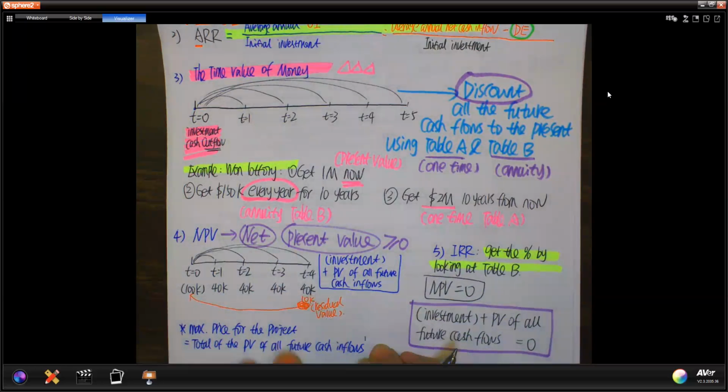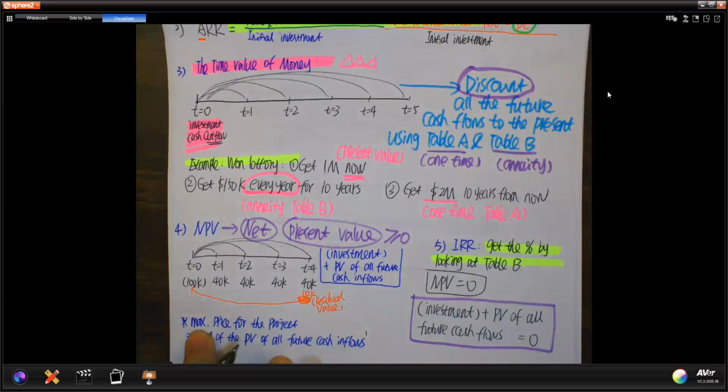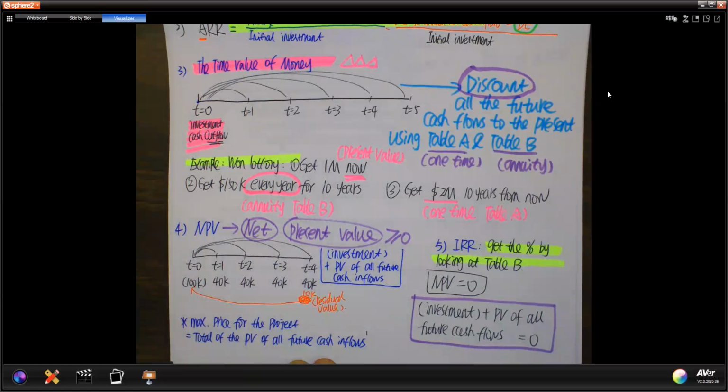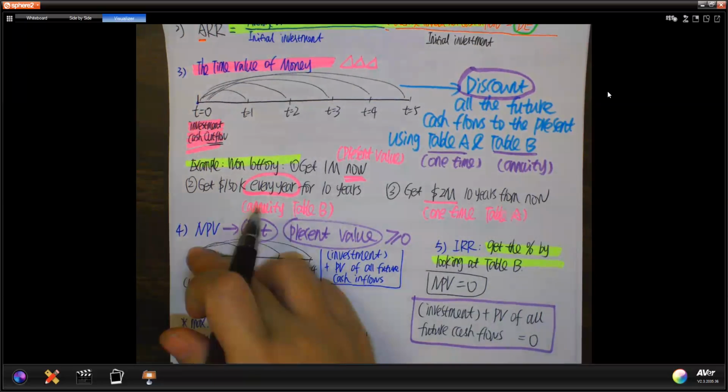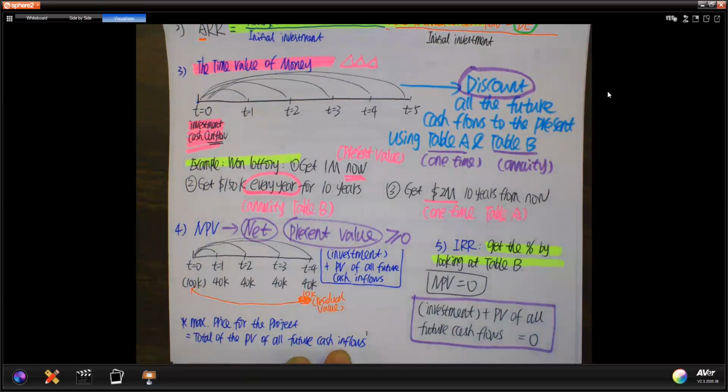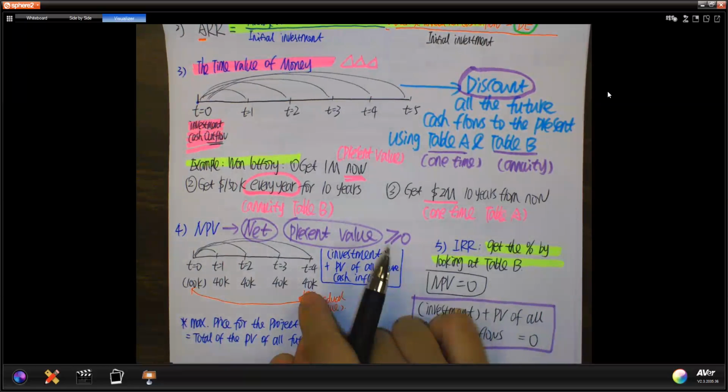And then we said the maximum price for the project will be the total cash inflow of the discounted future money, the future inflow. So if from this project you will earn a total of 20,000, then the maximum you will pay is just 20,000. You don't want to pay a penny more than the money you will earn. If there is a residual, you discount the extra.